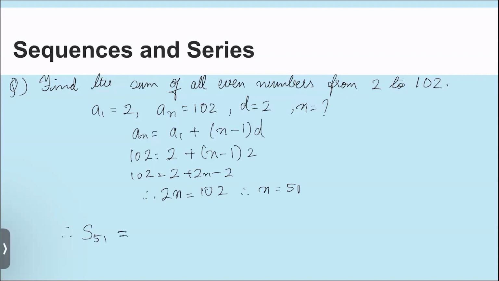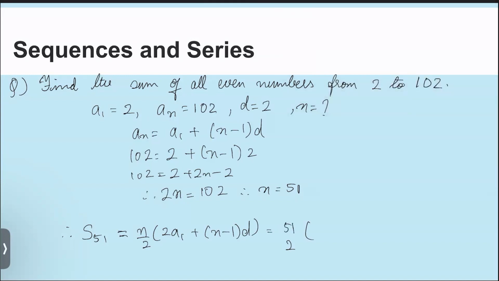Now we have all the terms which are required. You have N, A1 and D. So you can substitute into the formula N by 2 times (2 A1 plus (N minus 1) D). Your N is 51 already, so we have 51 by 2 times (2 into A1, which is 2, plus 51 minus 1 multiplied by 2).